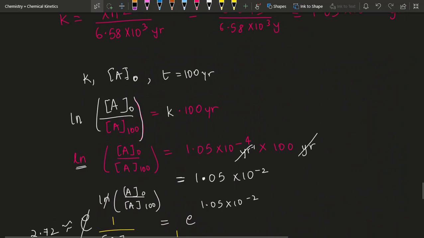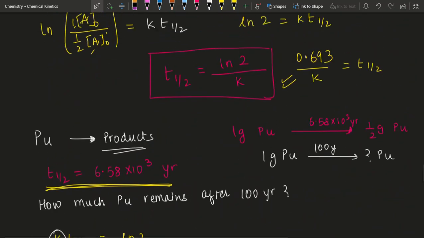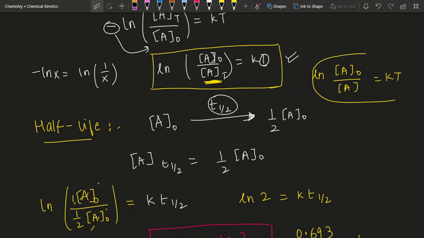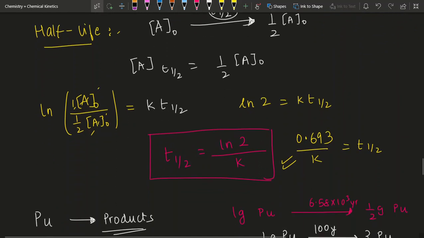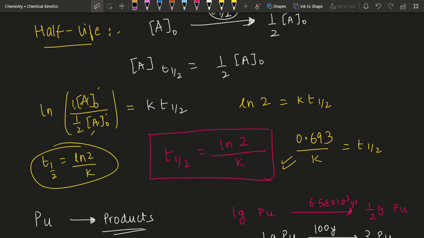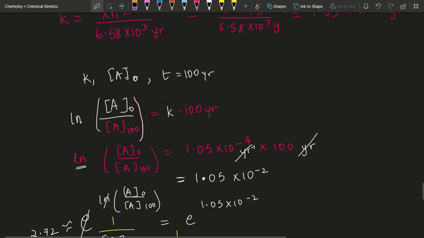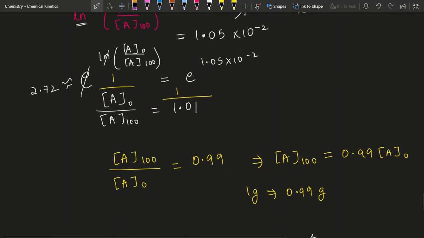So I hope that you have an idea of how a first order reaction works, and the main takeaway here is this equation: the natural log of a naught over a is equal to kt, whatever time you have. The other takeaway is that the expression for half-life is equal to the natural log of 2 over k. And finally, radioactive decay is generally a first order reaction, and you can generalize this fact to other orders as well.